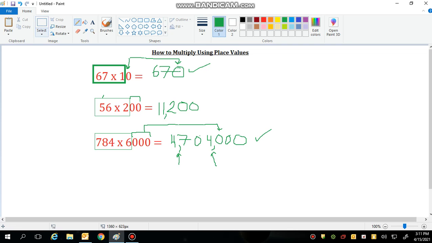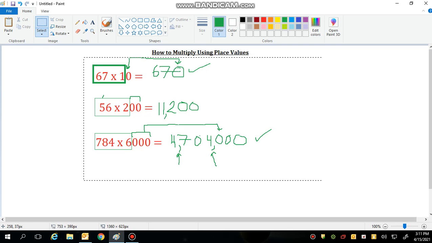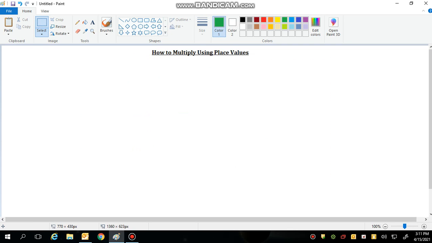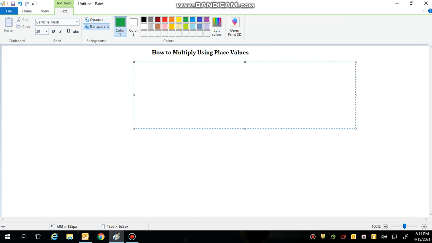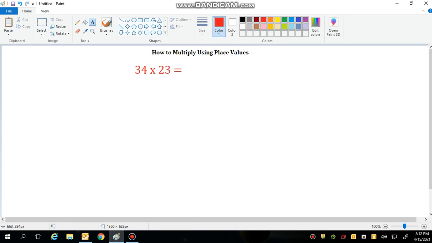Now, take a look at what happens when you multiply numbers where there is no zero. Let's take a look. Let me give you a red font here. Let's do 34 multiplied by 23. Let me increase the size of this so you can see it better.